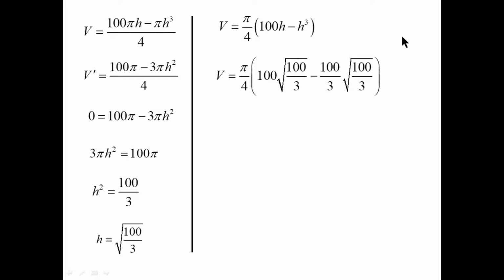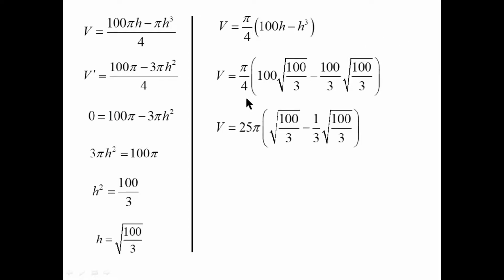And looking and thinking some more, we can see that 100 will factor out, and 100 over 4 is 25. So we have our 25 pi on the outside with this 100 factored out and divided by 4. And now looking inside these brackets, we have 1 whole root minus 1/3 of that same root, so that must leave behind just 2/3 of that same root.